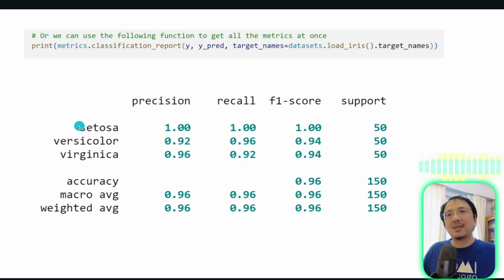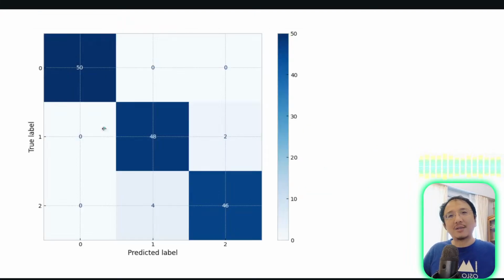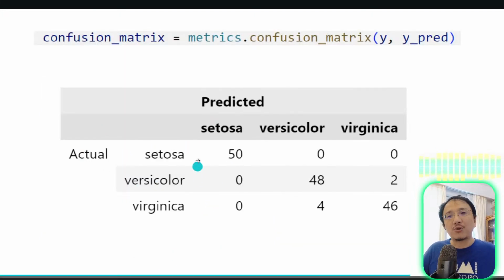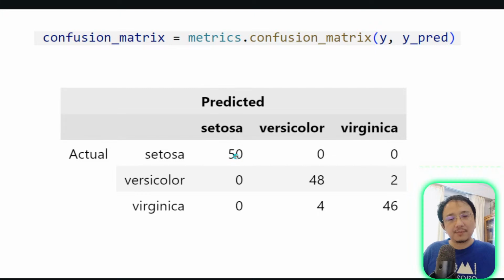When we consider Setosa as positive, let's check the confusion matrix right here. If something is actually Setosa, it is positive. We call it positive. And if it is not Setosa, we call it negative, because they are not Setosa.